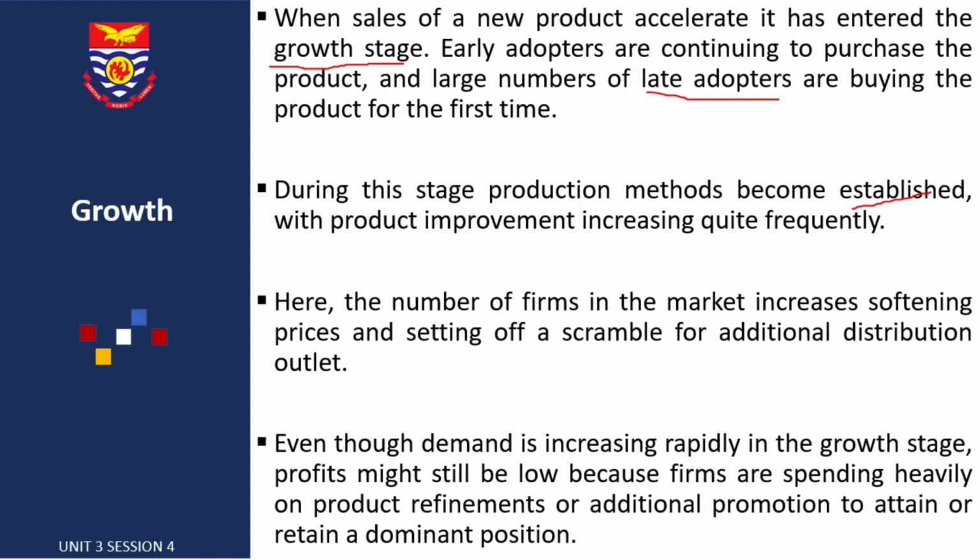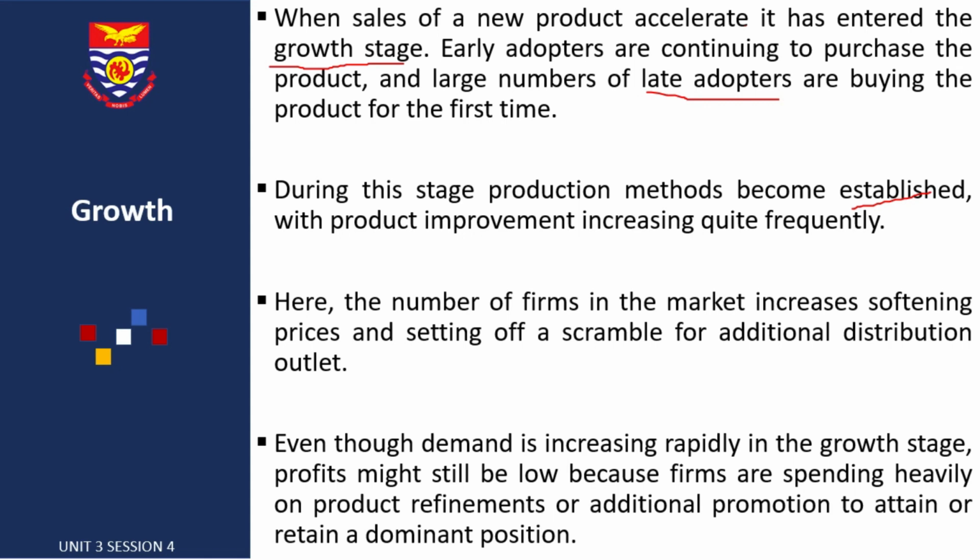Also, marketers try to look out for more retail outlets or distribution outlets so that they can get the product at vantage points in order for existing customers and potential customers to make a purchasing decision.